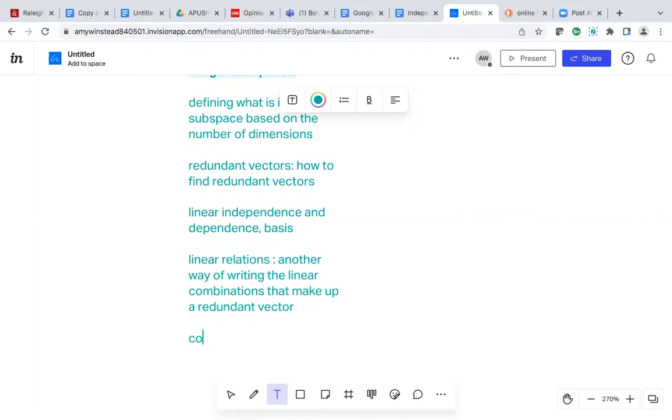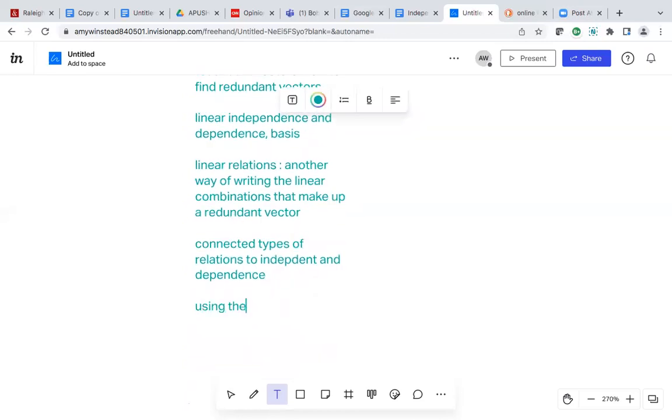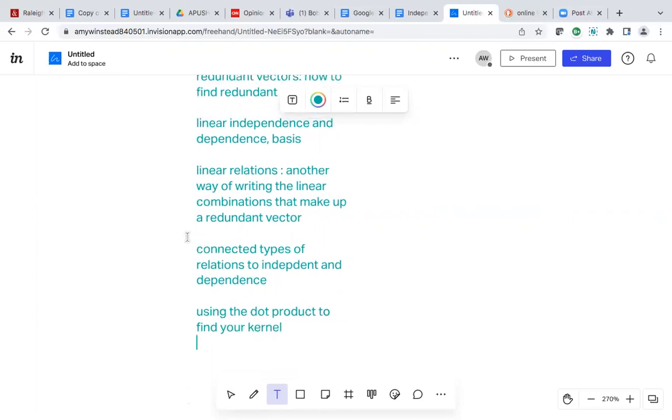Right, we connected types of relations to independence and dependence. And the last thing that we did is we thought about using the dot product to find your kernel. So we got through a good bit today.